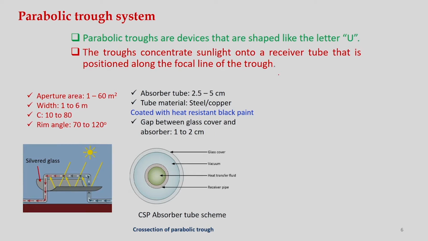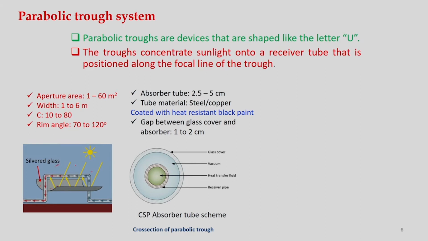As you can see, this is the trough and solar radiation is falling on this concentrator and is reflected to this receiver where heat transfer fluid is flowing. Initially what you can see is a blue line and finally a red line. That means the temperature is increasing from inlet to outlet. So, this is the inlet, this is the outlet. Okay? And normally these reflectors are made of silver glass, to increase the reflectivity.